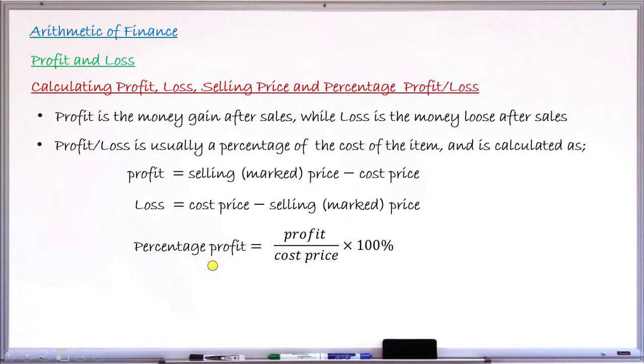So this fraction of the cost price multiplied by 100 is what gives you the percentage profit. Similarly, if it were a loss, the percentage loss that you want to find will be the amount of loss divided by the cost price, multiplied by 100%. Profit and loss. Let's just move on and take examples.